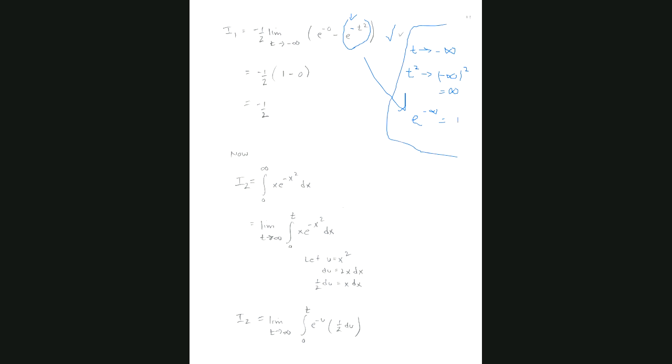And that's just 1 over e to the positive infinity, and that's why you get 0. And so that area is finite, and it equals -1/2.